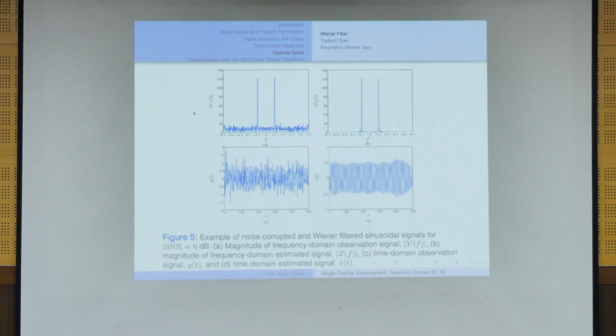Okay, so we see a nice thing here. If you compare it to the Wiener filter that is obtained in the time domain, here it's much better. Why? Because we used 500 samples, and we used the Fourier transform over the 500 samples, and we applied the Wiener gain in the Fourier domain.